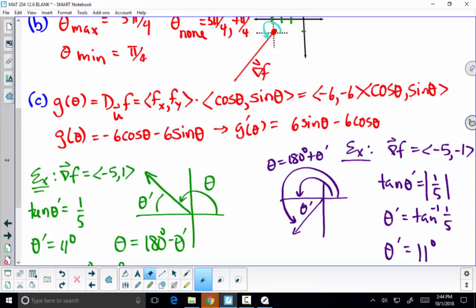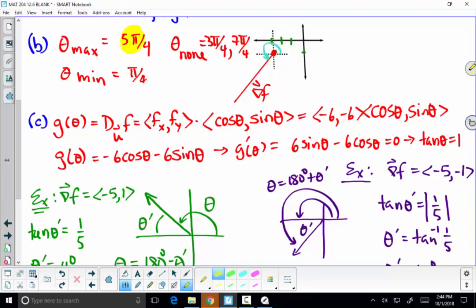We set it to 0 because we want to maximize it. If we set it to 0, we get 6 sine equals 6 cosine. Divide by 6, so sine equals cosine. Divide both sides by cosine, and we get tangent theta equals 1.